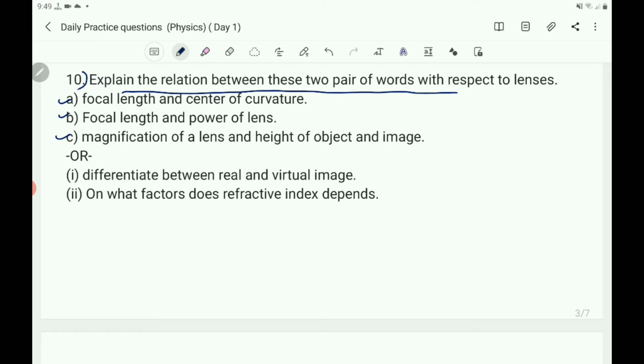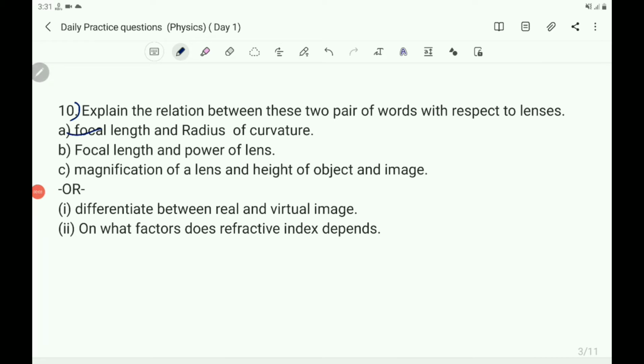You know that focal length is the half of the center of curvature. And focal length and power of lens. Power of lens is the reciprocal of focal length, or focal length is the reciprocal of power of lens. And magnification of lens and height of object and image. So that is magnification equals height of image by height of object.